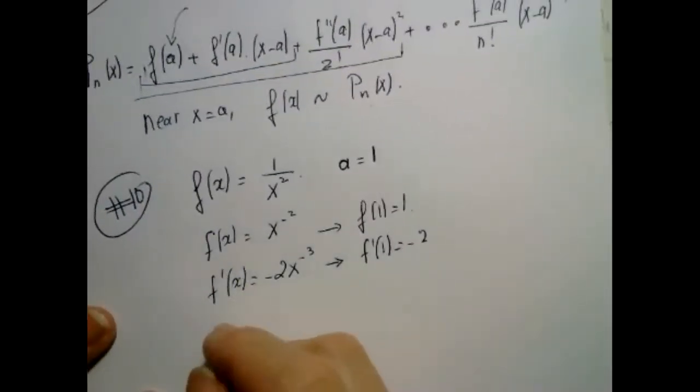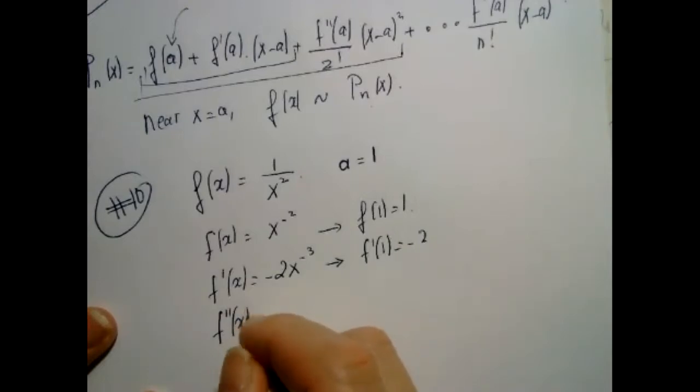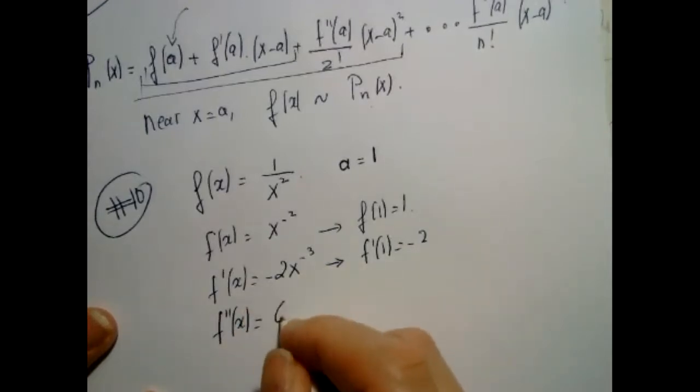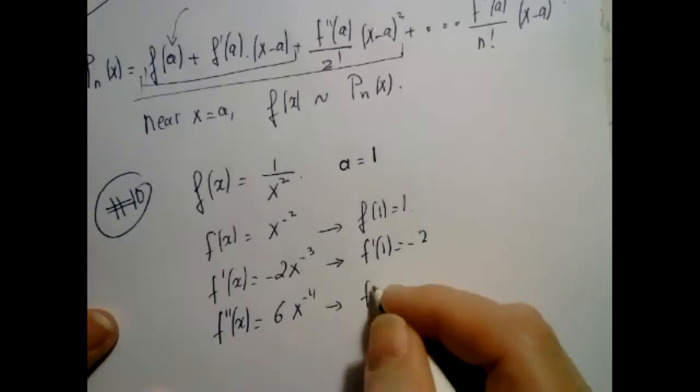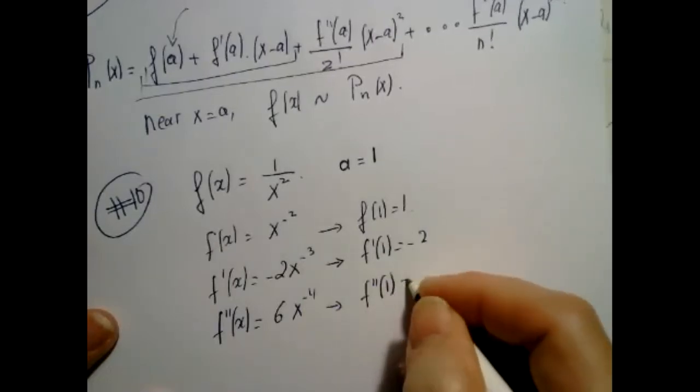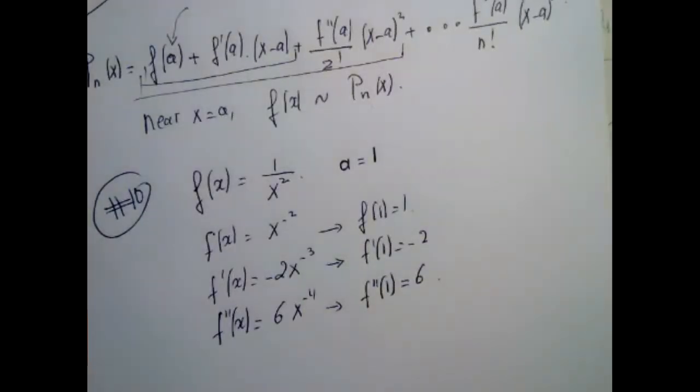We only need up to the second derivative because they only want the quadratic. It is minus, minus, plus, so it's 6 x to the minus 4. We're interested in the second derivative at 1, which is equal to 6.